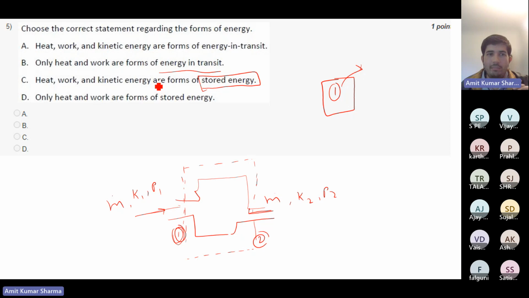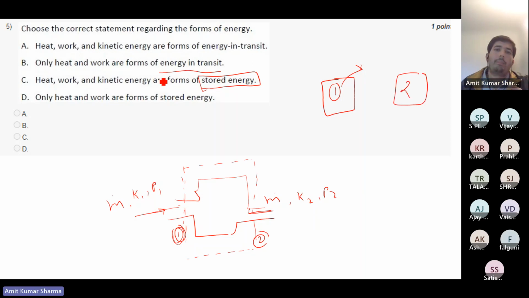So is it having some work or some heat transfer at 1? What do you think? Only one position is there, location 1. Is it going to have some heat transfer or work transfer? No, sir. Correct. Now suppose there is another location 2, and my gas stream is going from 1 to 2.